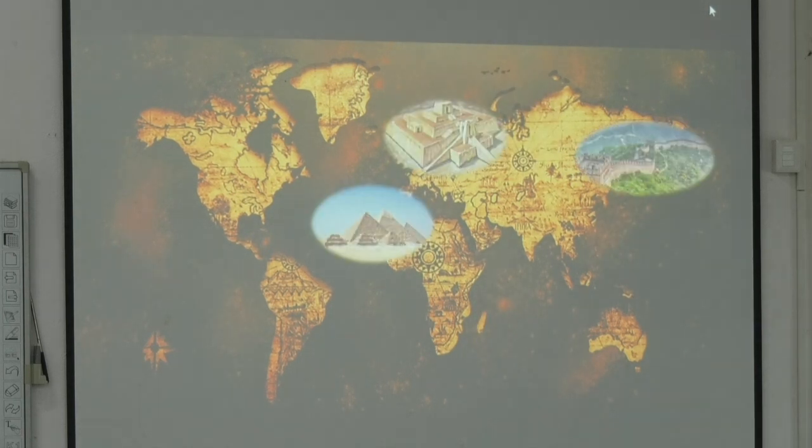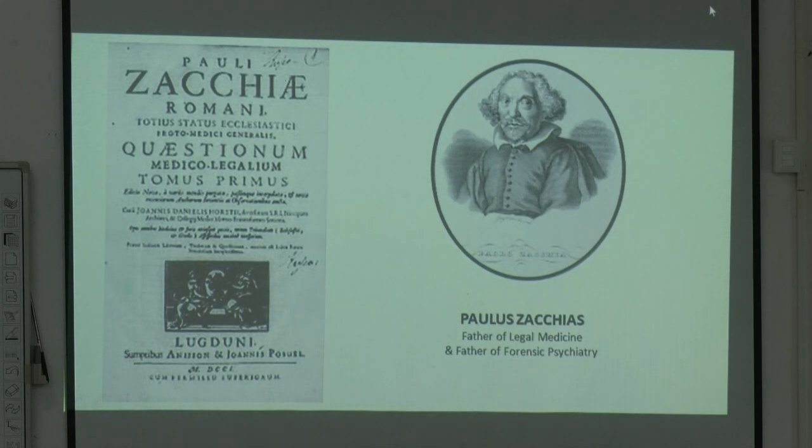Apart from that, we will have Egyptian civilization, Sumerian civilization, Chinese civilization, which also talk in detail about legal medicine. But we generally talk about Latin terms. Fortunatus Fidelis is from Rome, Italy.